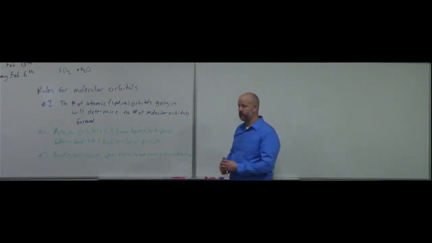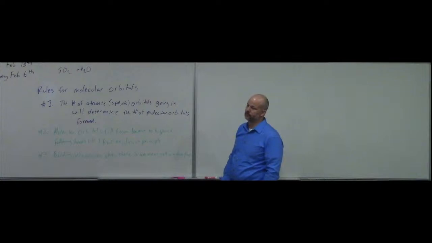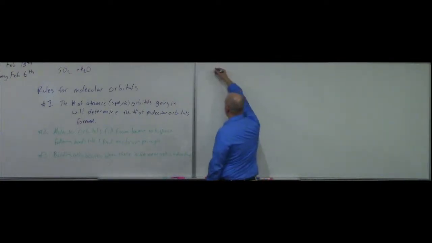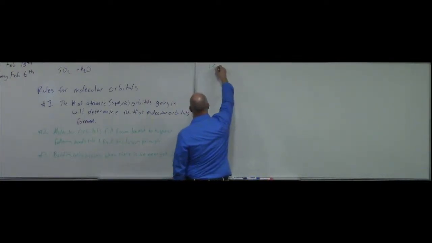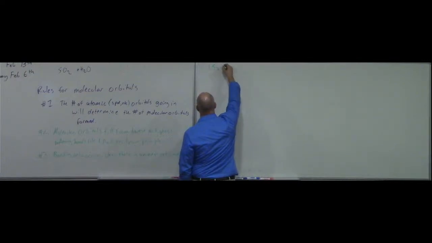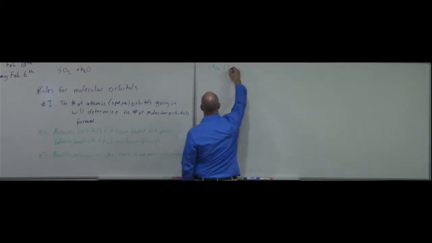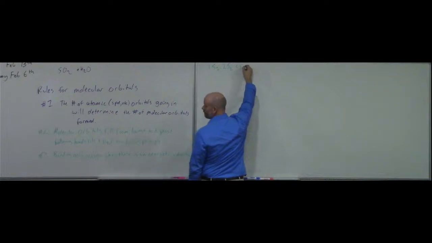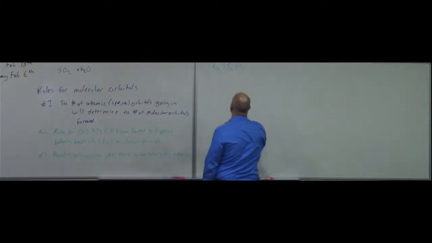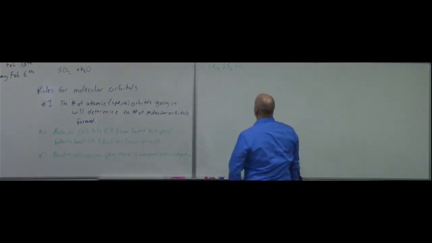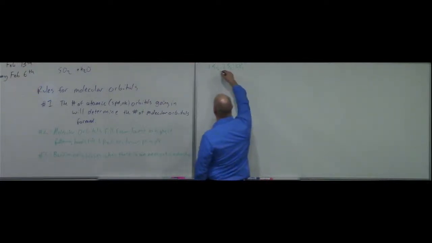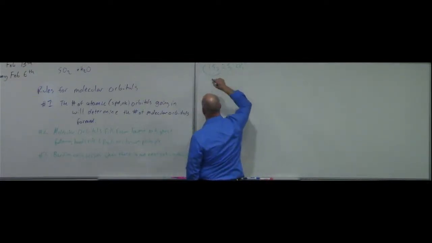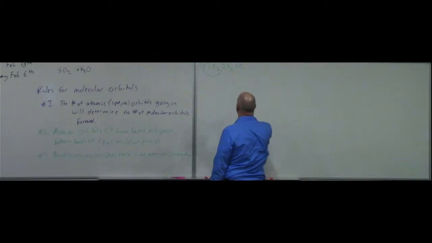Boron. Atomic number? 5. 1s2, 2s2, 2p1. Okay. All right. I'm not going to be worried about this. We know, right?